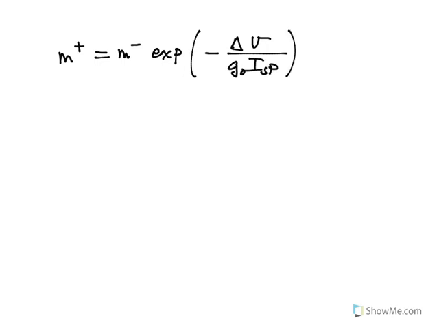And you see this last result, m plus is equal to m minus times the exponential of minus delta v over g0 Isp.